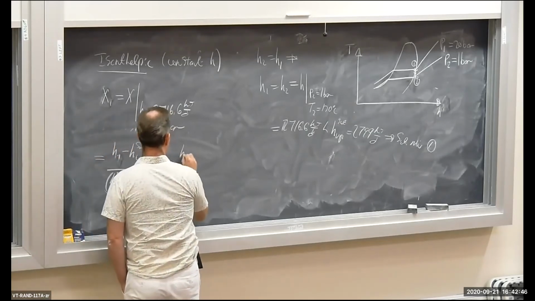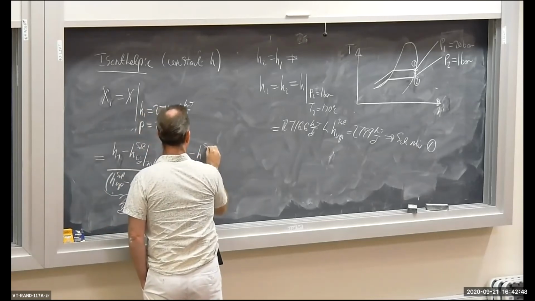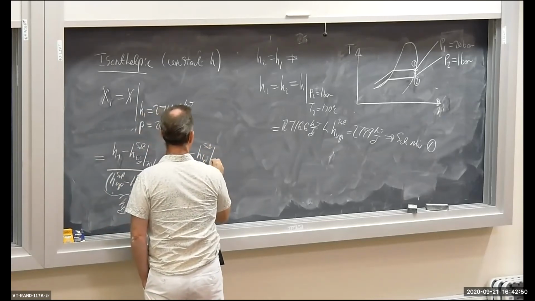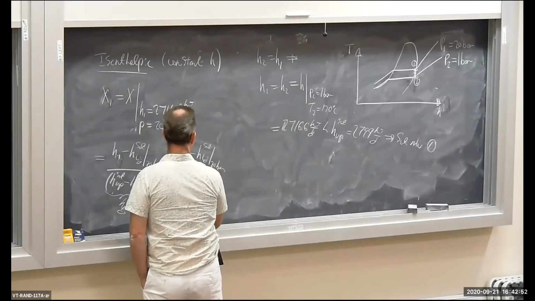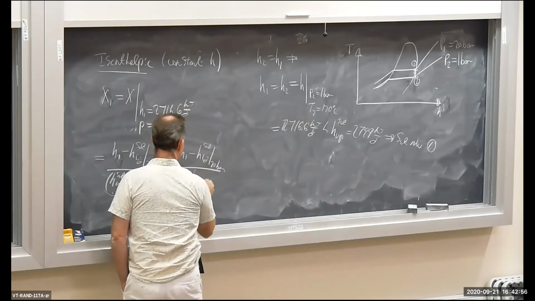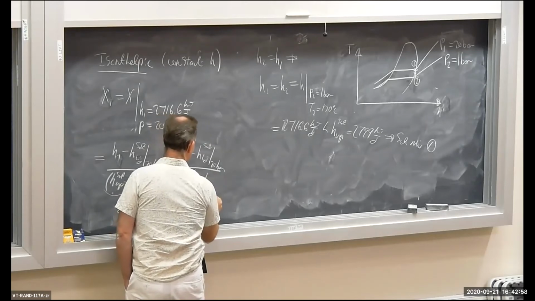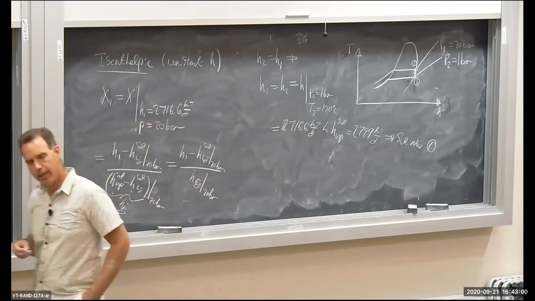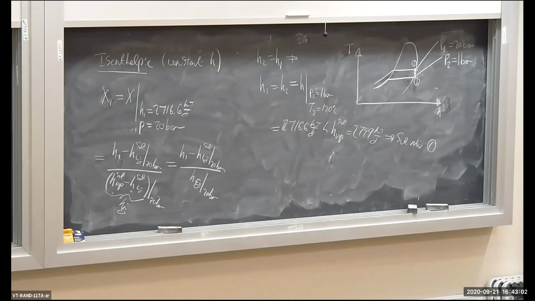So H1 minus H sat liquid at 20 bar divided by HFG evaluated at 20 bar. HFG is given in saturation tables.